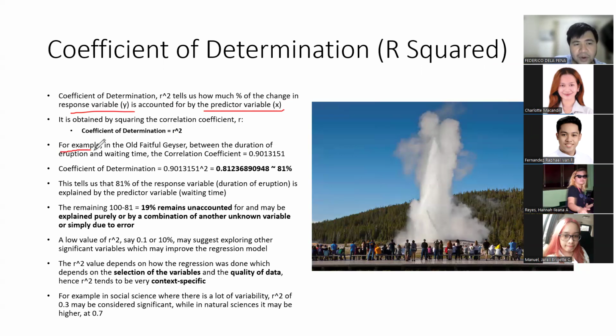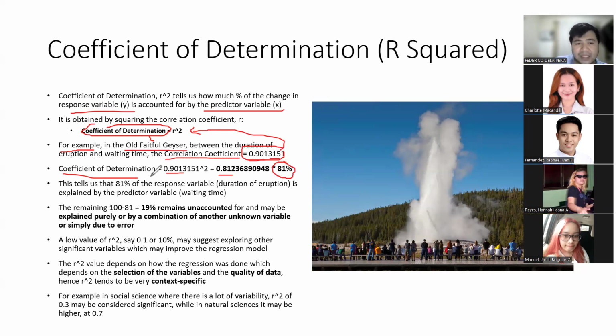If we go back to the Old Faithful geyser example, the correlation coefficient is 0.901. However, if you're calculating the coefficient of determination, you have to square your correlation coefficient. So 0.9 squared will get you something like 0.81, or about 81%.